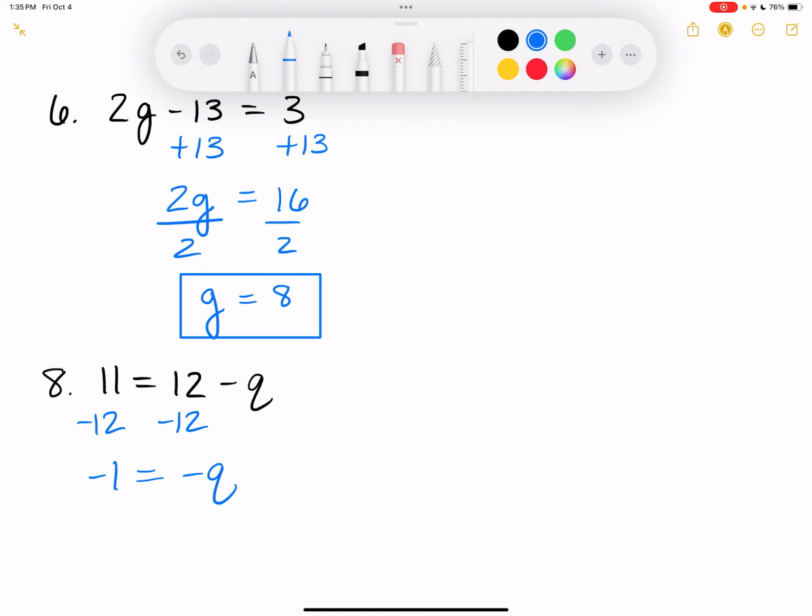Not 1. Negative 1. Okay. A negative on a variable is like negative 1 times the variable, so I need to undo it by dividing by the negative. So this is going to be divided by negative 1. So negative 1 divided by negative 1 is? 1. Positive 1.